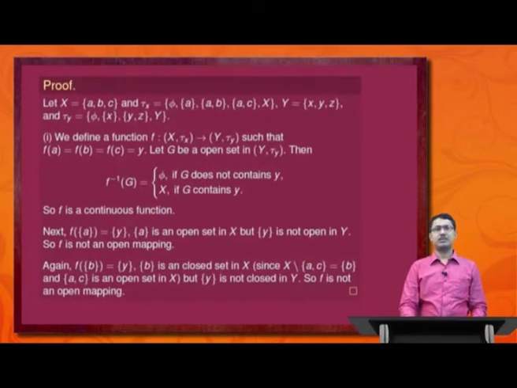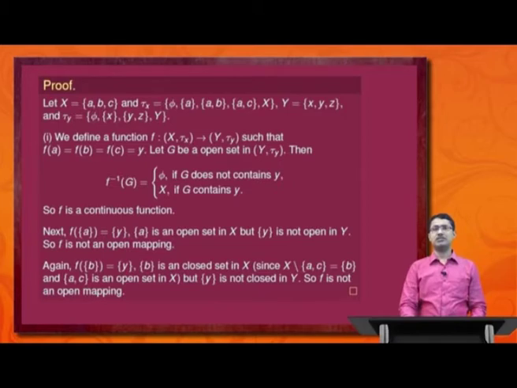First, we consider an example. X is equal to {a, b, c}, that means capital X consists of three elements a, b, c, and τ_X is equal to {φ, {a}, {a, b}, {a, c}, X}.